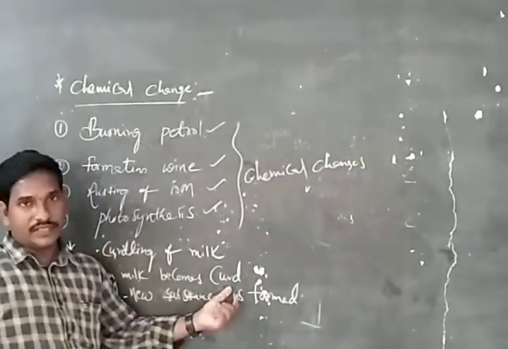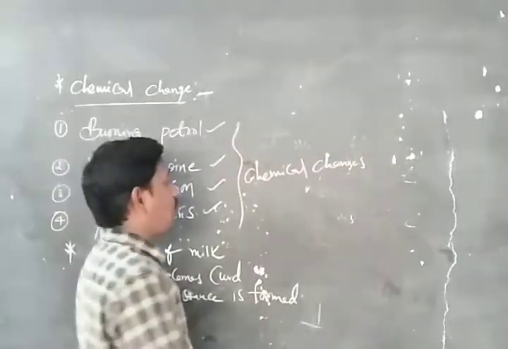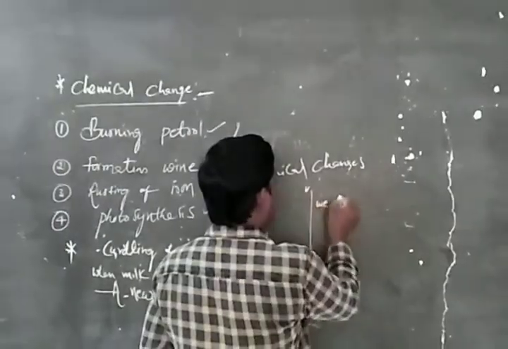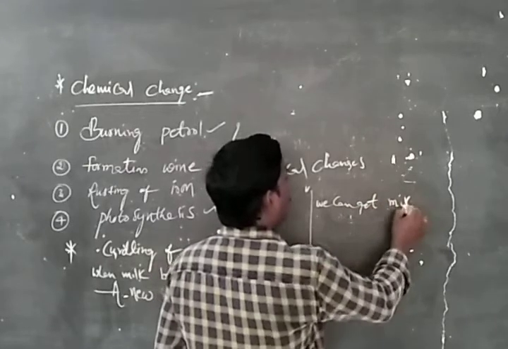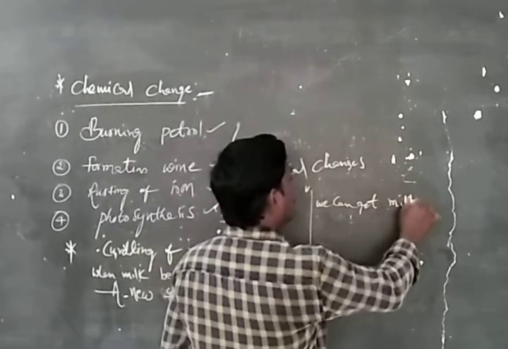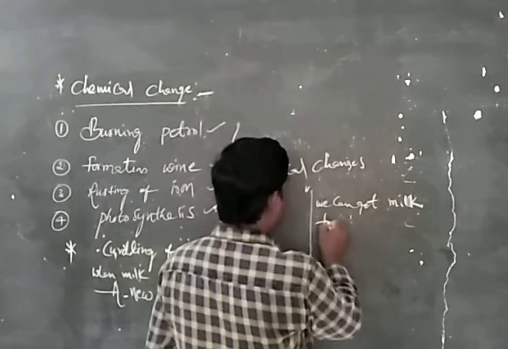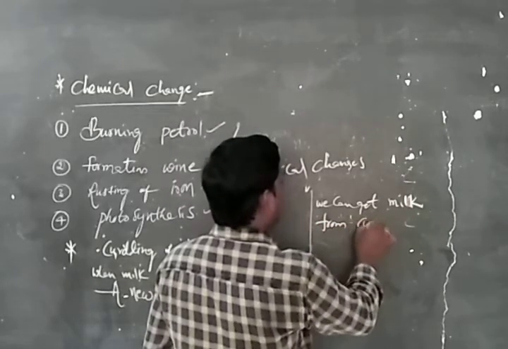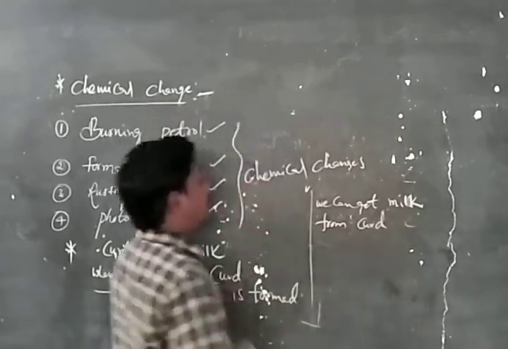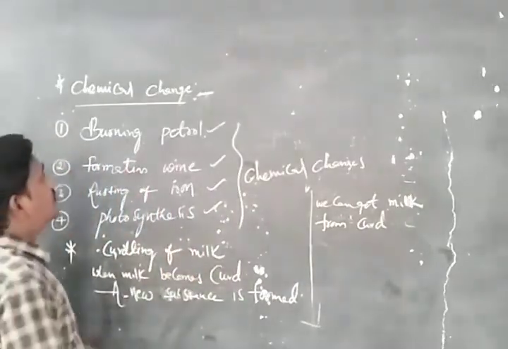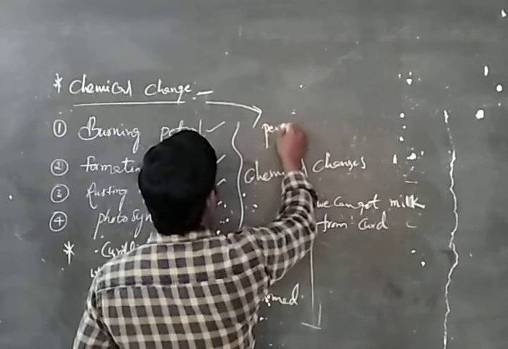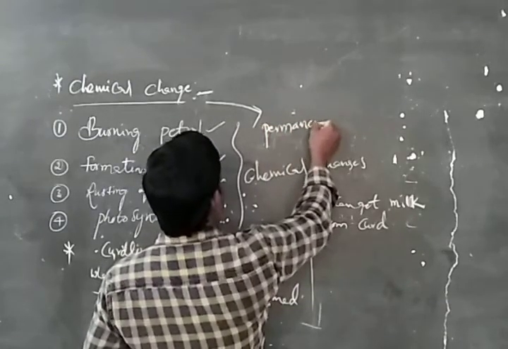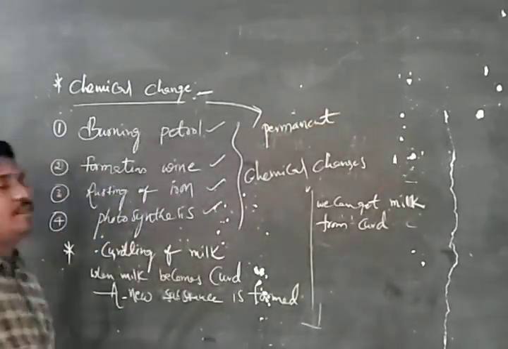So we cannot get milk from curd. That's why chemical change is a permanent change.